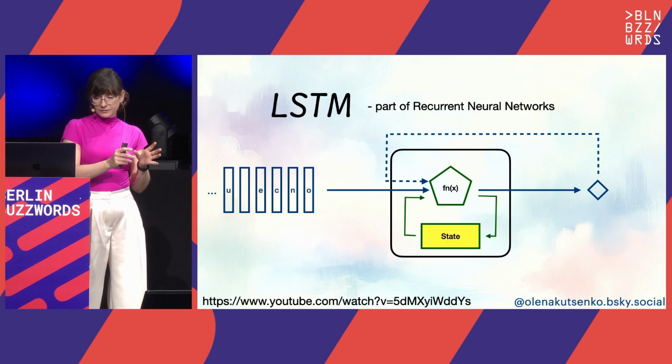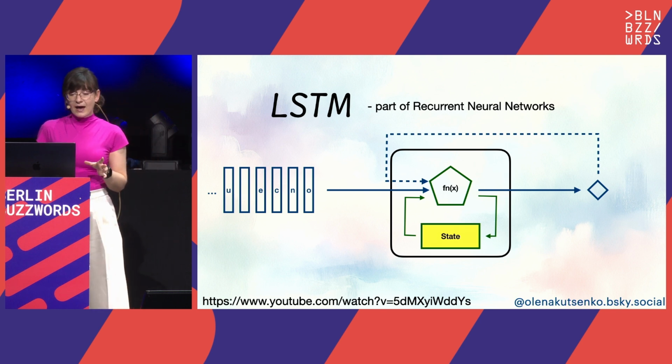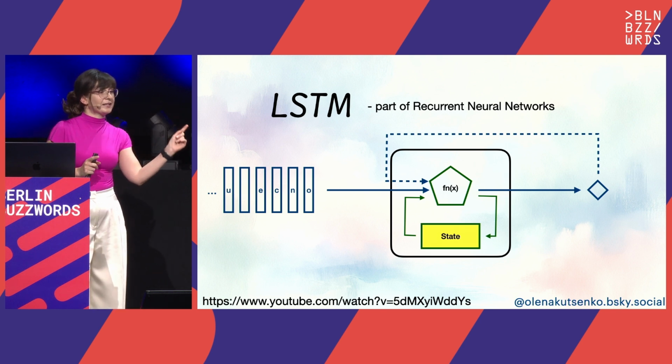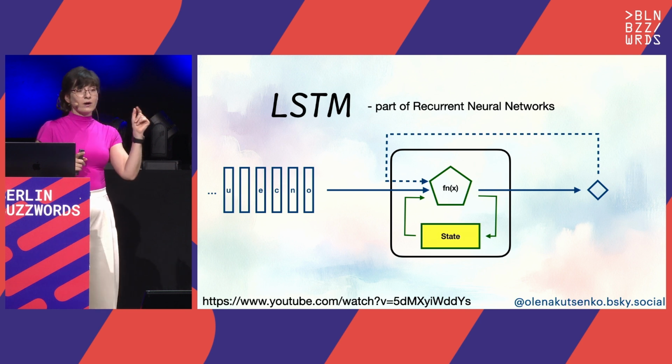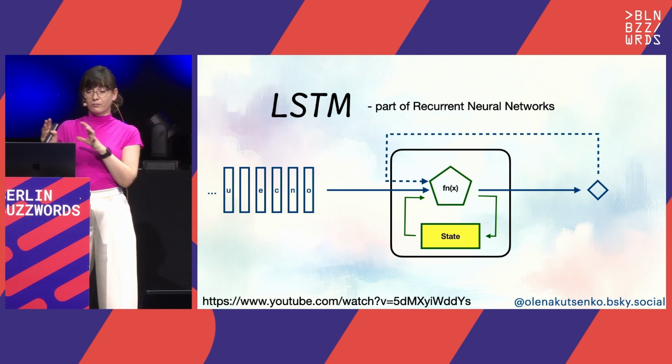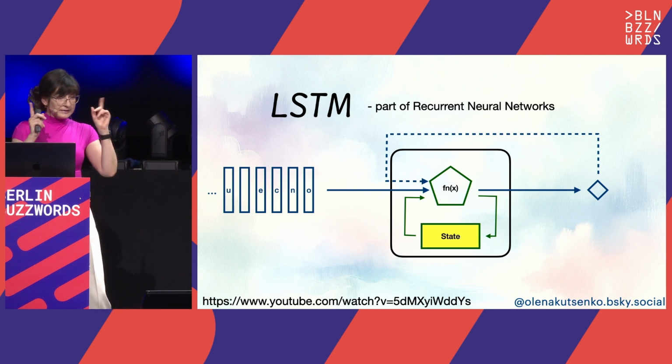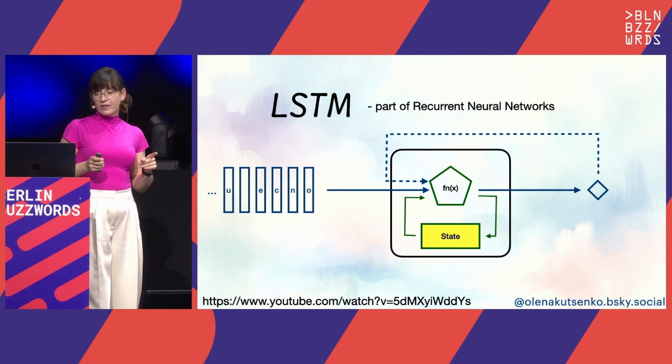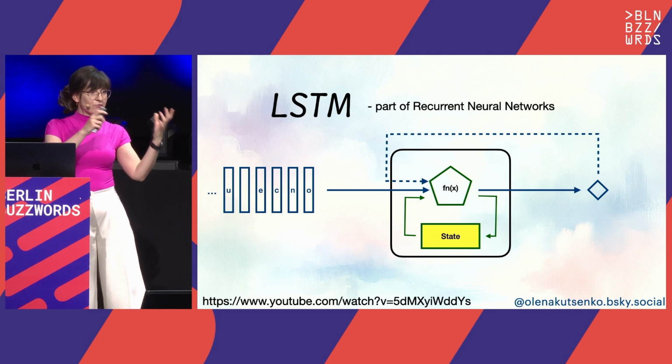So we have a state in a cell, and the network can then decide whether it needs to update the cell state, add something there or erase something from that memory. But how exactly does it decide whether we need to remember more or forget?